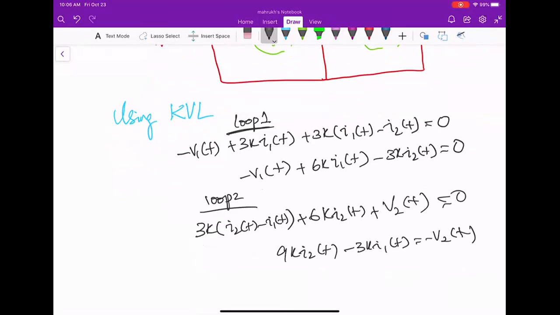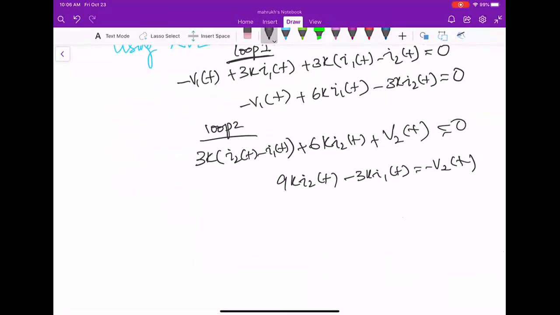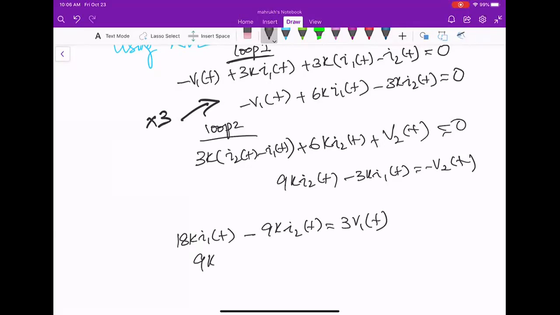So I did solve this, and I just quickly write it. I do use the Gauss elimination method, and I multiplied this with 3. And that will then become 18k I1 of t minus 9k I2 of t is equal to 3 V1 of t, and 9k I2 of t minus 3k I1 of t is equal to minus V2 of t.